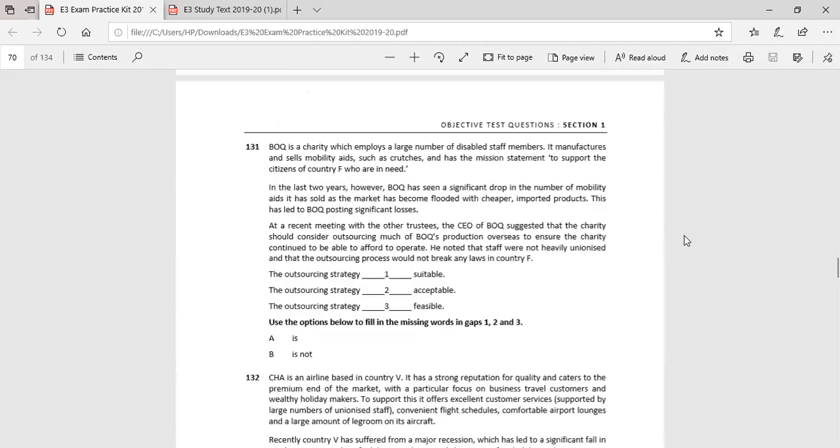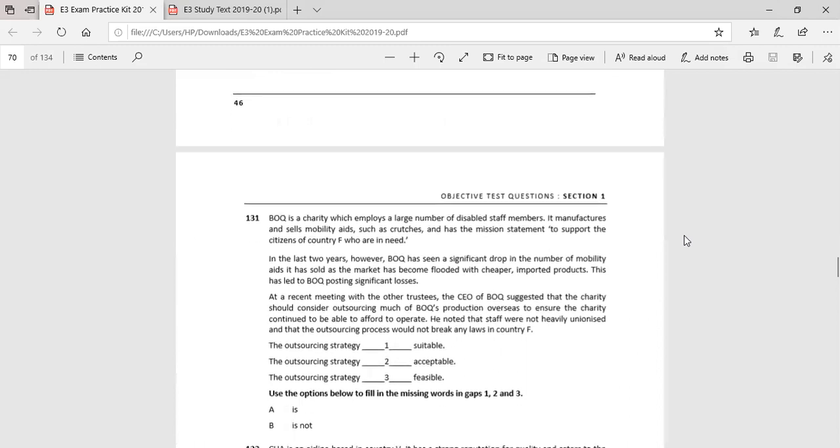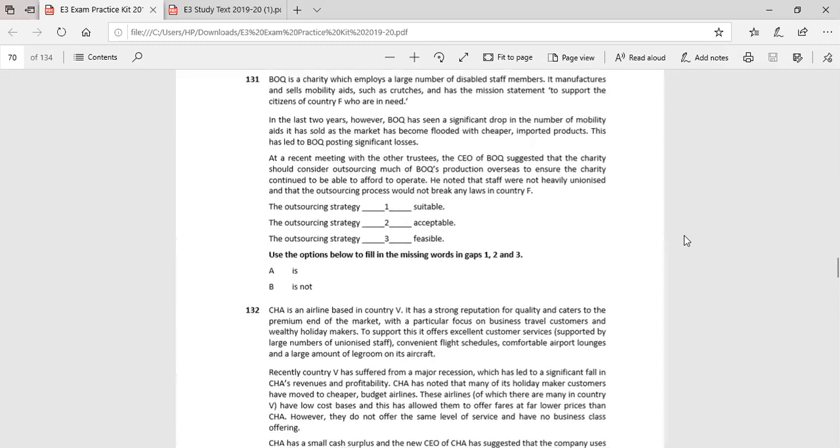131. The 131st, what is it? The outsourcing strategy is feasible or is not feasible. Is that the one?